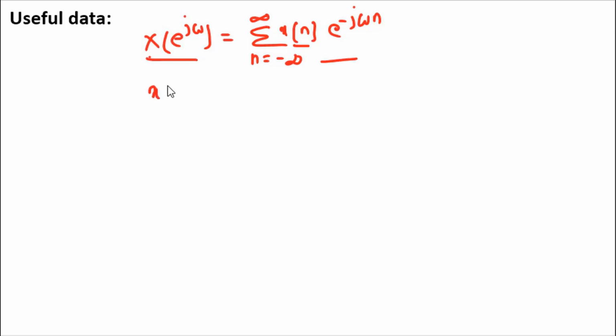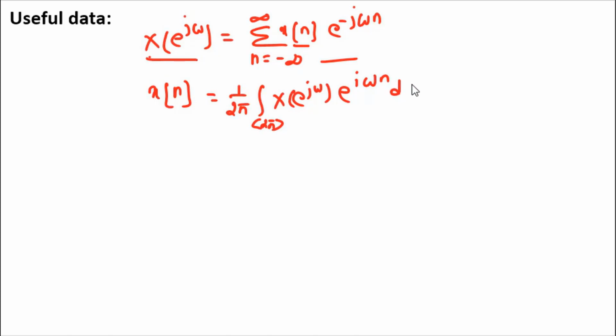Also, the inverse DTFT, that is, if you are given x of e j omega and you need to find x of n, will be given by 1 over 2 pi, with the integration limit over a 2 pi interval, of x of e to the power j omega into e to the power j omega n d omega. Now this is your first equation and this is your second expression.